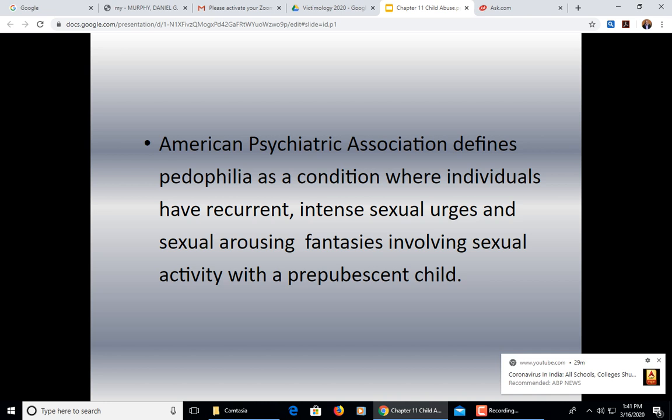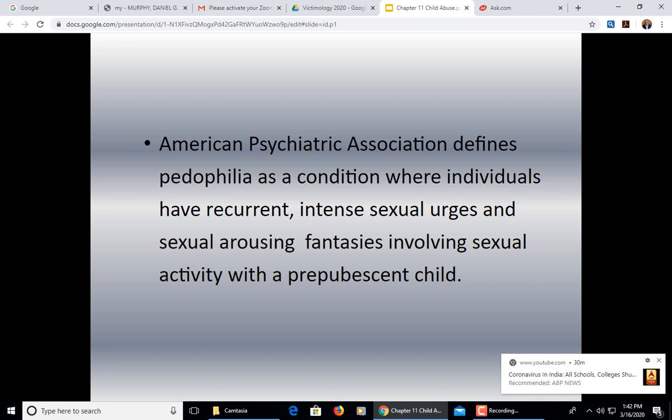Here's one of the definitions of what's considered a pedophile. This is the key. A lot of people think a pedophile is someone who sexually abuses children. Well, there's a lot more to it than that, because being a pedophile is not a crime; it's only a thought process, the mens rea. There's no crime in fantasizing about young prepubescent children.